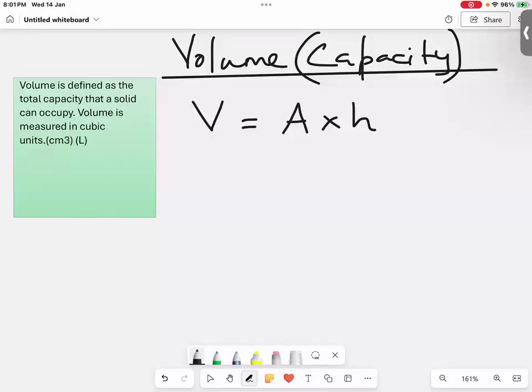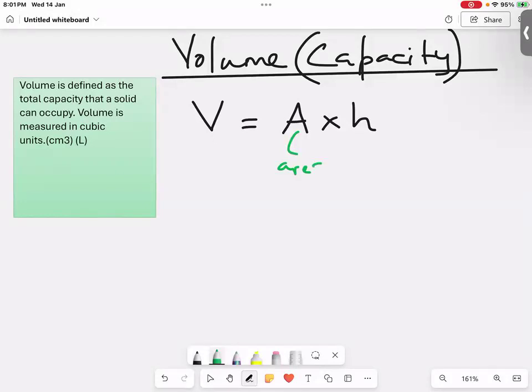Now, what I encourage all my students over the years that I've been teaching is to ensure you understand what each letter means. If I ask you right now, what does A represent? I'm sure everybody is going to guess, and you're, of course, going to guess right and say that the A stands for area. Here's the challenge with this now.